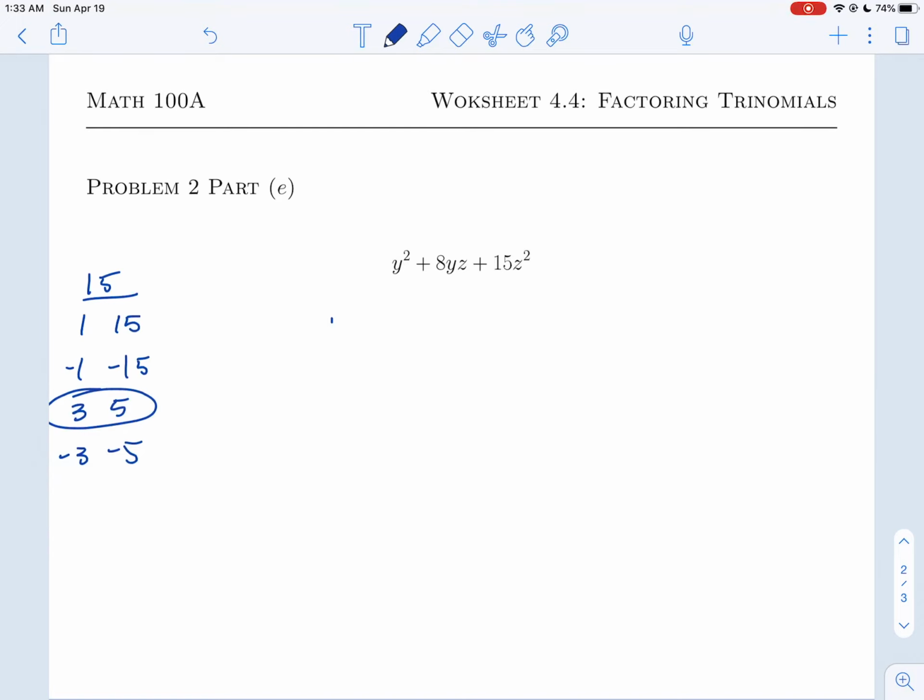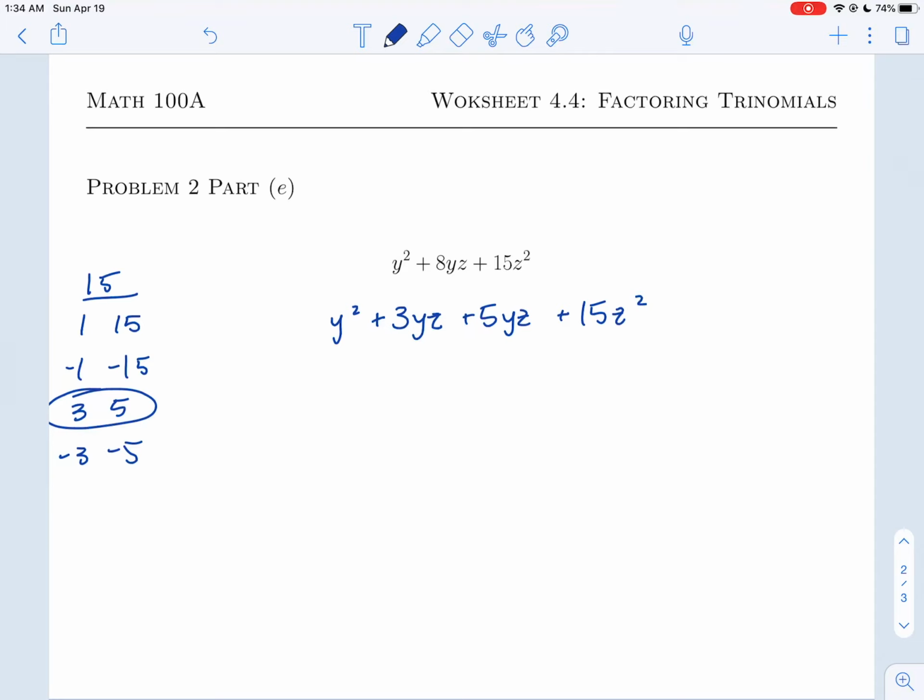So again, replacing that middle term, I'll have that y squared, I'll add a 3yz, I'll add a 5yz, and I'll add a 15z squared. Again, just keeping whatever variable part I had in that middle term, because all I've done is I've split that 8yz apart into 2 separate terms. They're still equal to 8yz.